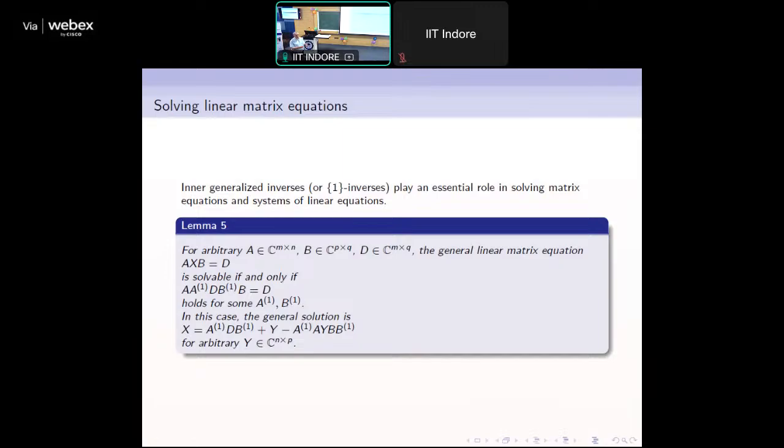Of course, the Moore-Penrose inverse is most appropriate here. We can use the Moore-Penrose inverse as a representative of an arbitrary 1-inverse. And in this case, the general solution is given in this form. Here, Y is an arbitrary matrix of appropriate dimensions.